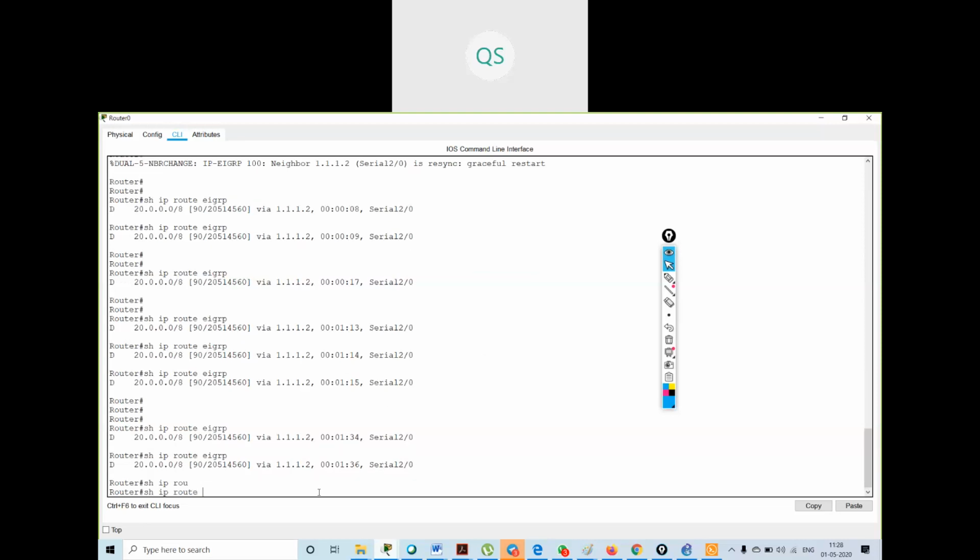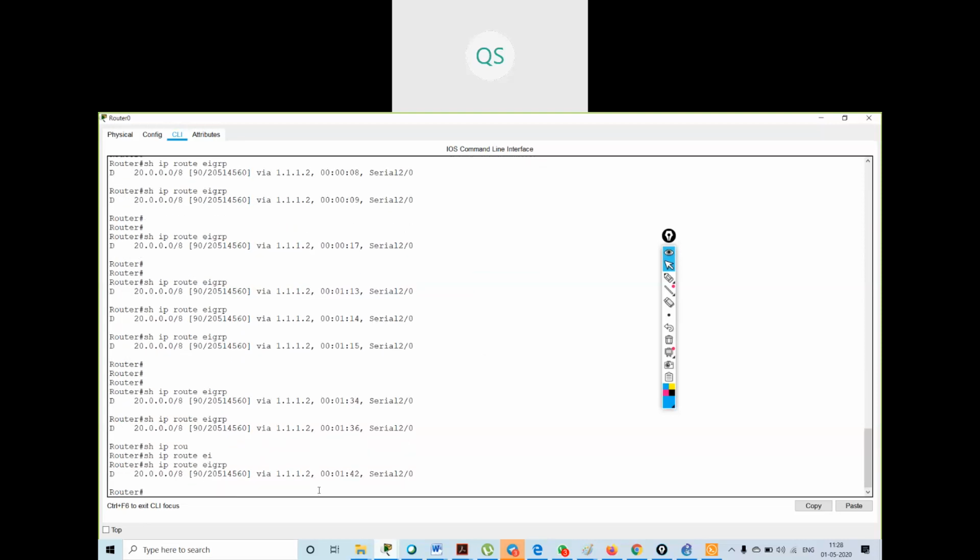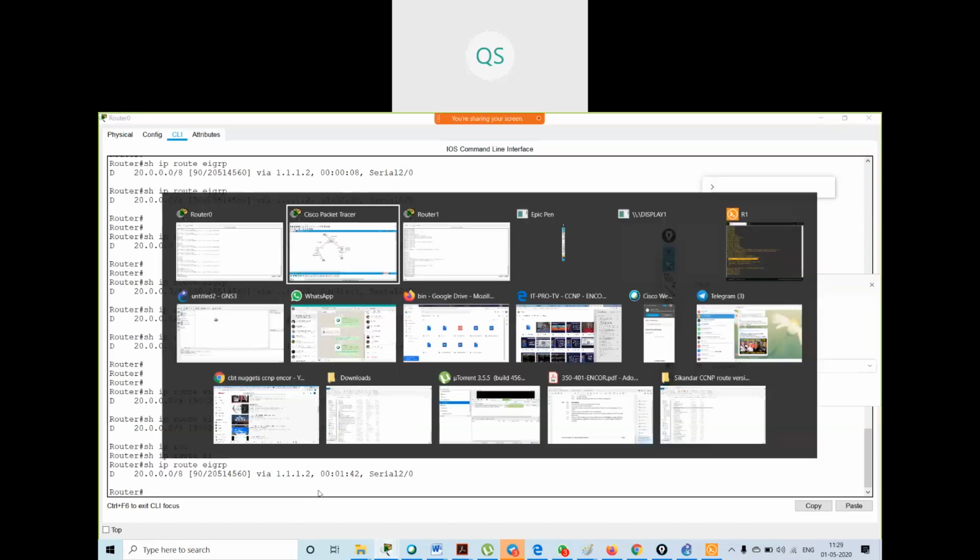So IP route EIGRP. I'm having one doubt for 20 dot network. IP default network 2 dot network is the only command.